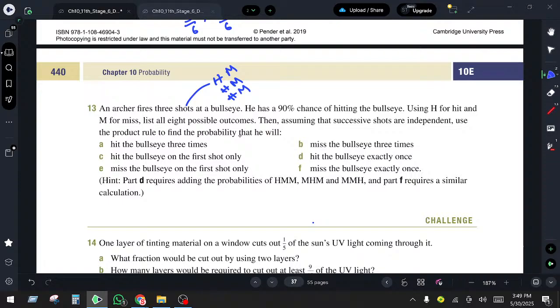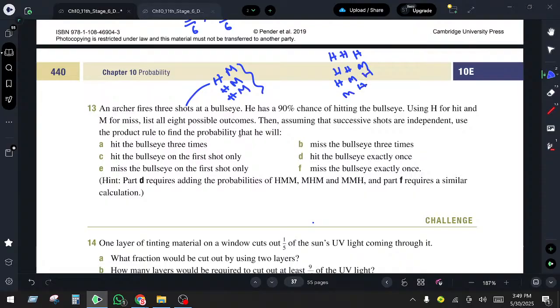Yes, we have 8 possibilities. All hits, all misses, hit miss, miss hit, so it is a total of 8. What are the 8 outcomes? Hit, hit, hit. Hit, miss, hit.